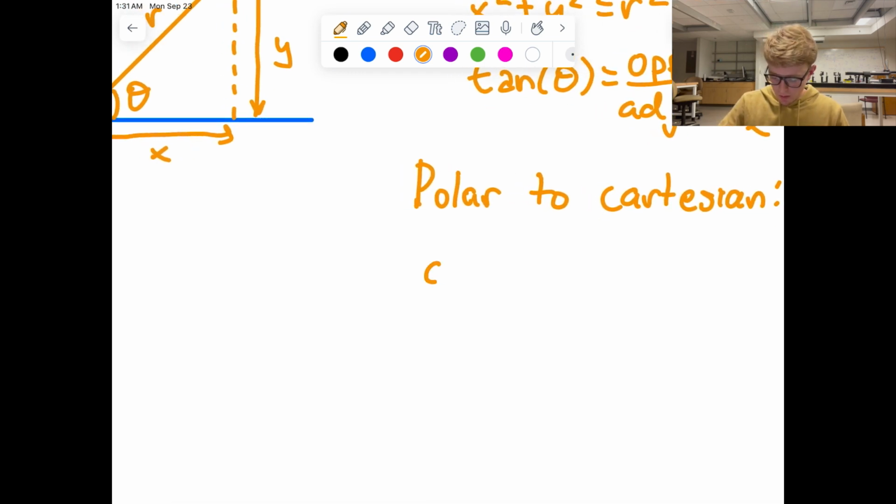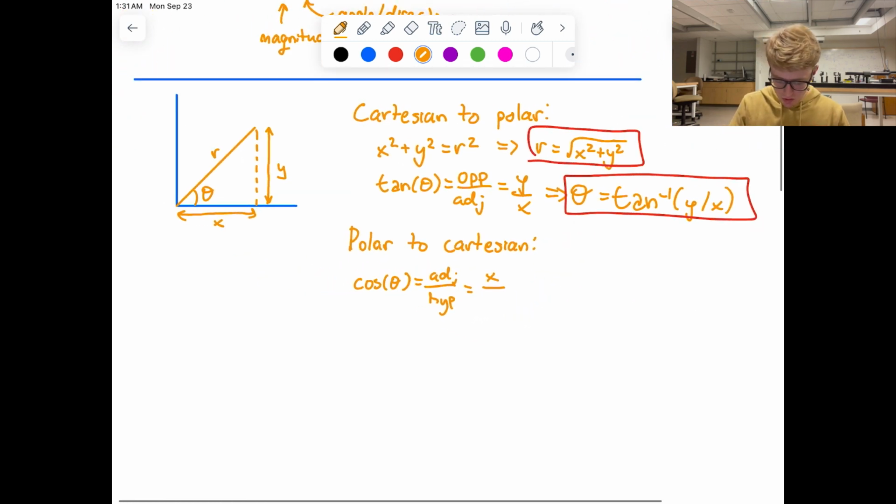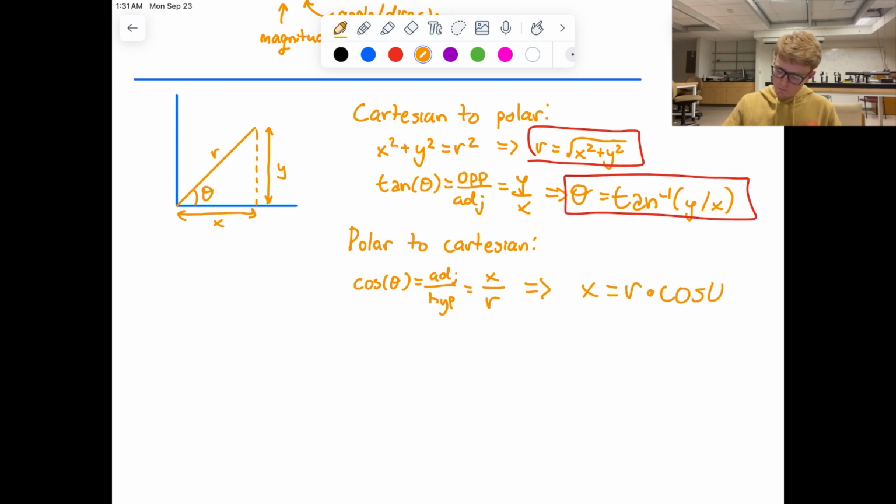So let's use cosine. Cosine of theta is equal to adjacent over hypotenuse, which is x, because that's the adjacent, over r, which is the hypotenuse. Then I can solve for x: x is going to be r times cosine theta.